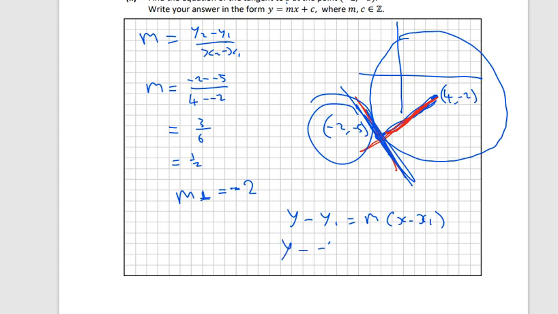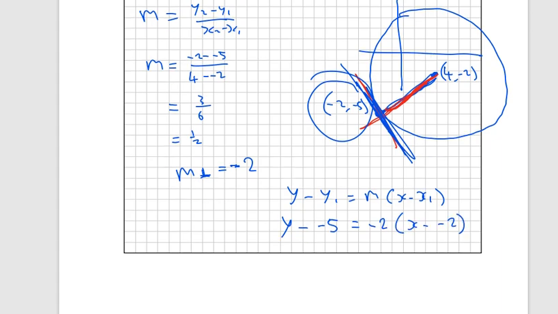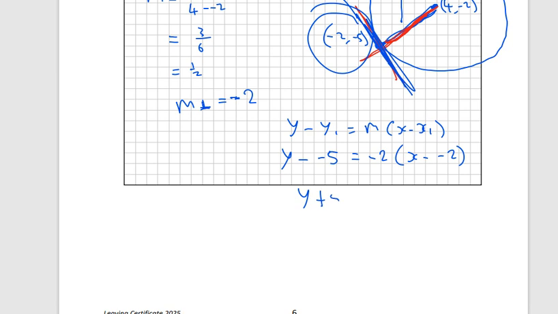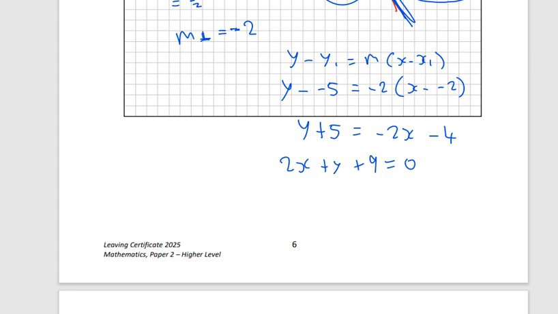So y minus minus 5 is equal to minus 2 by x minus minus 2. Therefore, y plus 5 is equal to minus 2x minus 4, and 2x plus y plus 9 is equal to 0. Actually, they wanted us to give it in the form y, so y equals minus 2x minus 9.